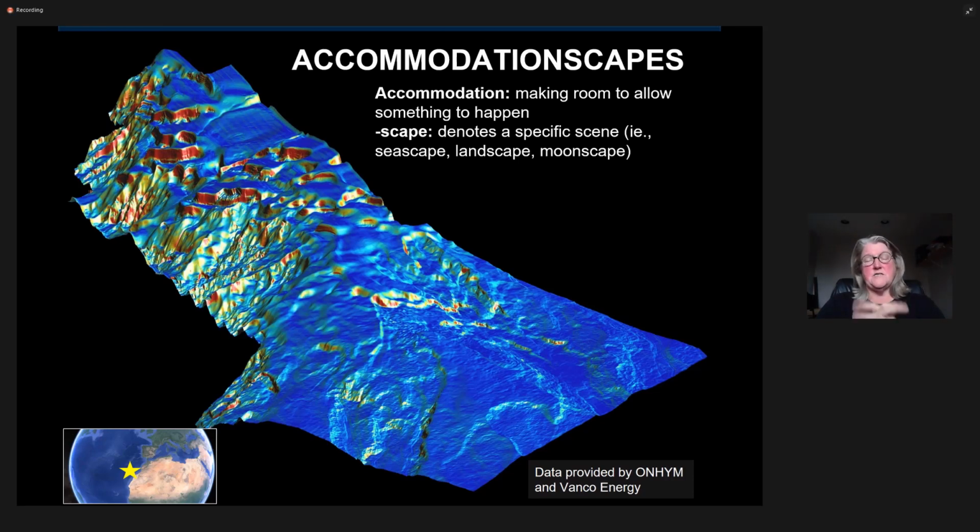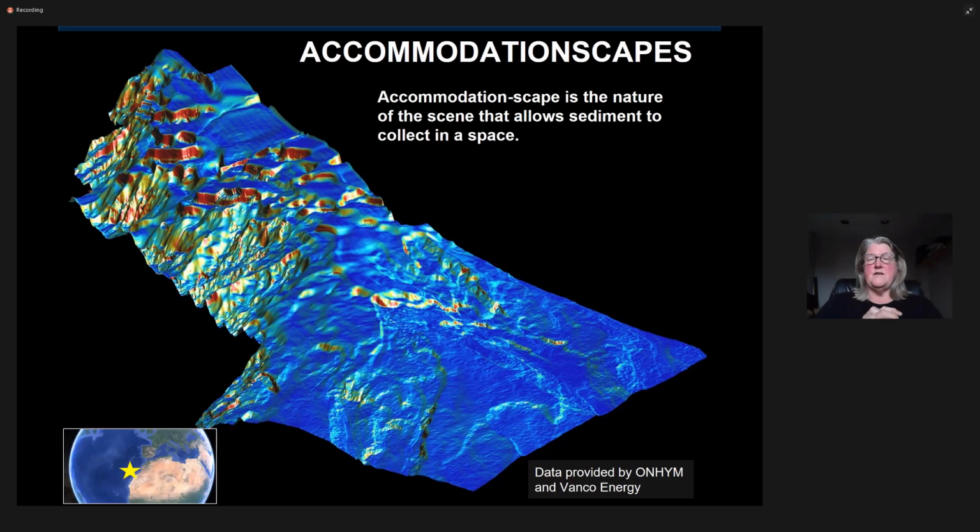That's all accommodation is. And scape is a suffix that denotes a specific scene, like a seascape or landscape or a moonscape. And in this case, an accommodation scape: a scene where we're looking at how sediments are being accommodated and the characteristics of that scene, both sedimentologically and topographically, that allow sediments to collect in a space.